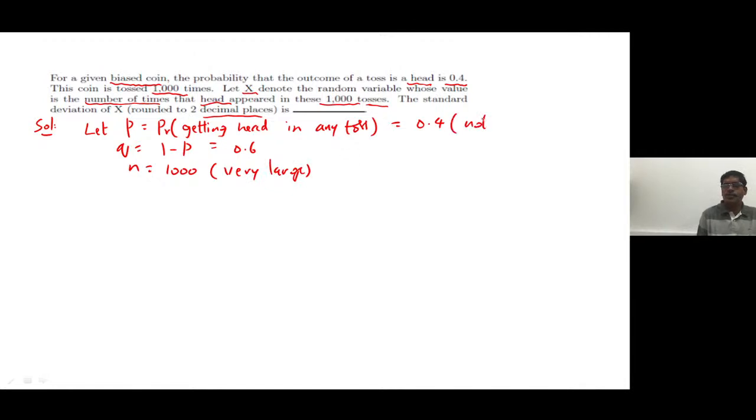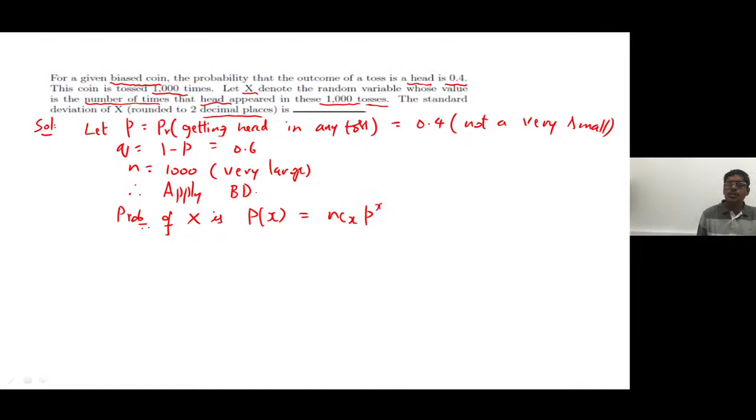This is not a very small value. So therefore apply the binomial distribution, short form BD. So x is a random variable, and the probability of the random variable x, that is P of x, is nCx times p raised to x, q raised to n minus x, with x values 0, 1, 2, and so on up to 1000. Of course this expression is not required because they ask for the standard deviation.